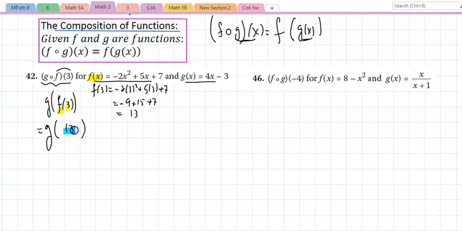If x equals 4, find me this y. I'm going to work underneath. Wouldn't that be 4 times 13 minus 3, which is 52 minus 3? 49.